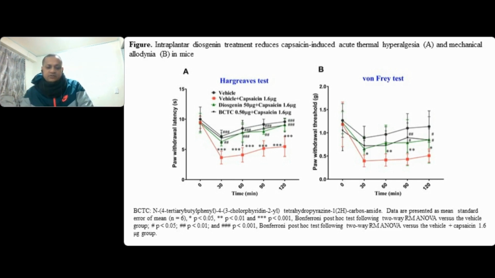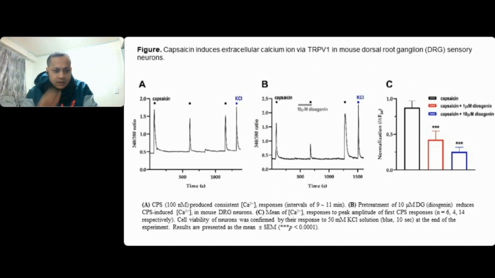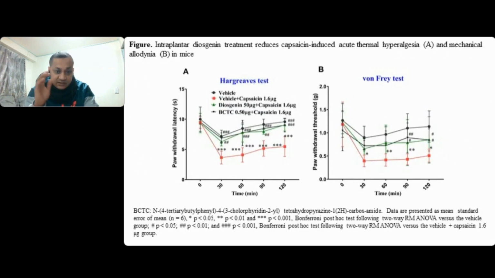We again used the von Frey filament, gave the pressure, and found when it felt pain, it moved the paw, and we recorded this. So when we found that Diosgenin acted very nicely, we moved on to the next experiment.